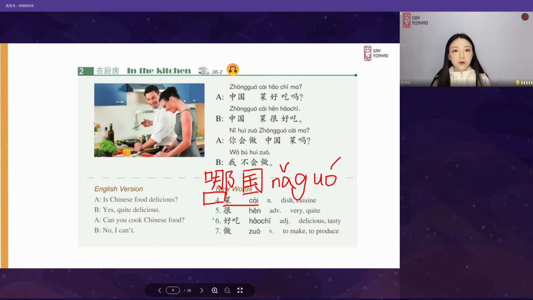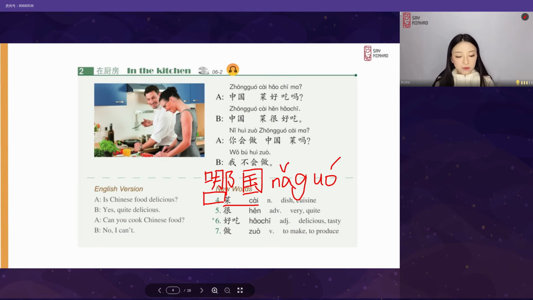你吃哪国菜. Now let's try to answer this question. I eat Chinese dish. This one is really easy. This one is 我吃中国菜. Okay, 我吃中国菜, I eat Chinese dish.